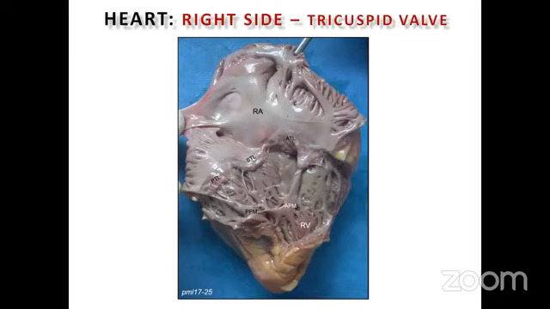So in this particular image, we can see the anterior papillary muscle, the posterior group of papillary muscles, but the septal tricuspid leaflet is directly attached to the right ventricular endocardium. So in this particular instance, there is no medial papillary muscle.